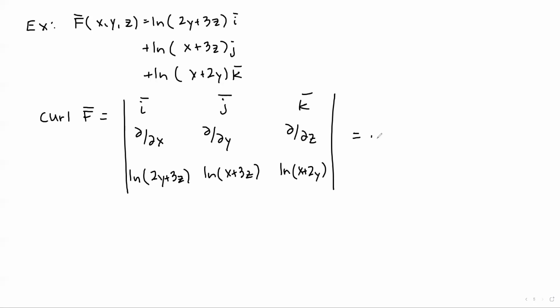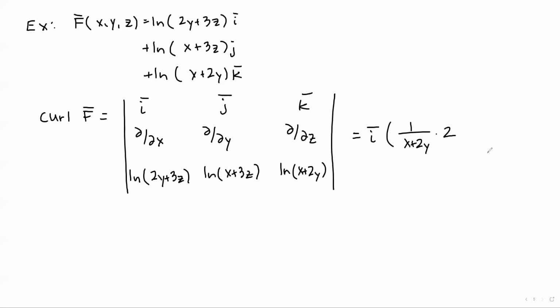All right, and so we're going to get i times the partial with respect to y of our natural log function here. So the derivative of natural log, we'll use the chain rule. So we get 1 over x plus 2y times the derivative of the inside with respect to y, and the derivative with respect to y of x is 0, and the derivative of 2y with respect to y is 2.